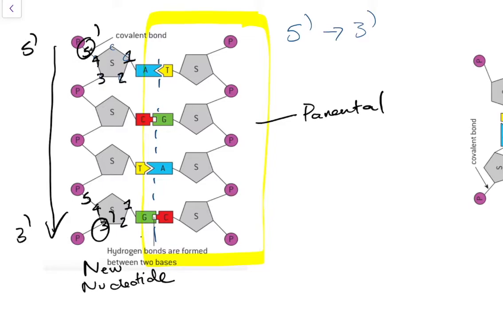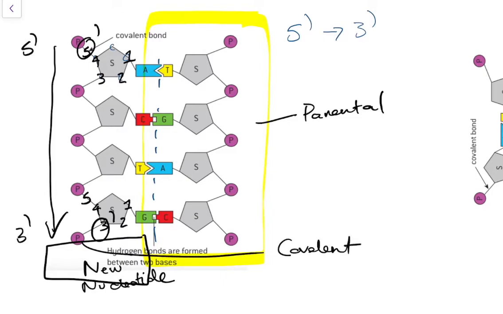As an enzyme, it adds in a new nucleotide by creating a new covalent bond. So it's got an enzymatic function. It's making the phosphodiester bond, creating the new bond for the sugar phosphate backbone.